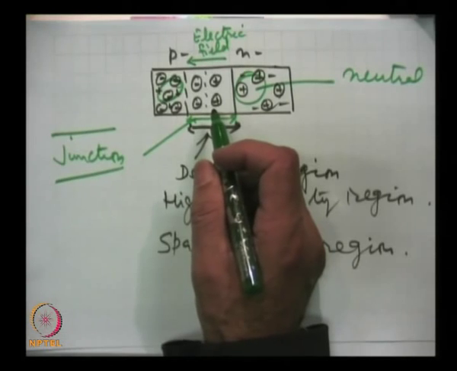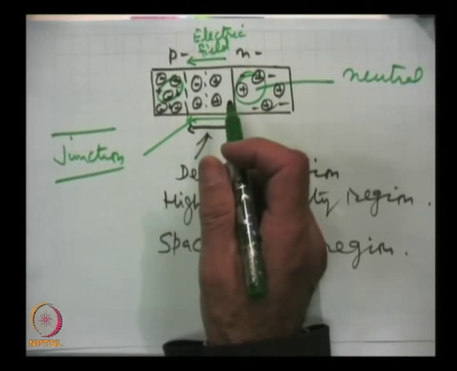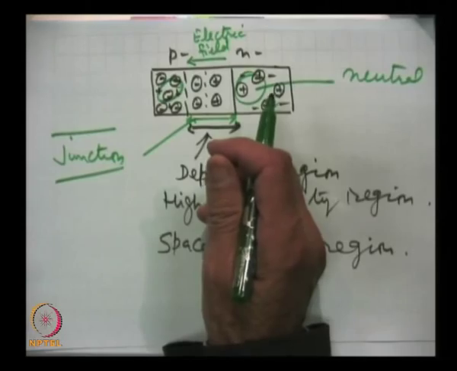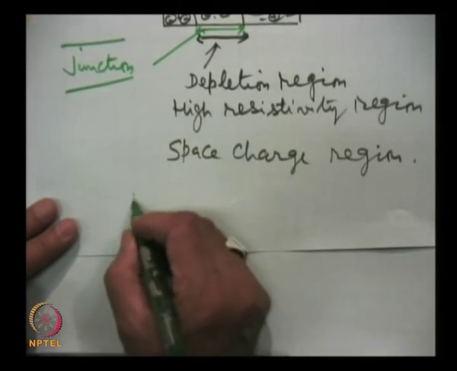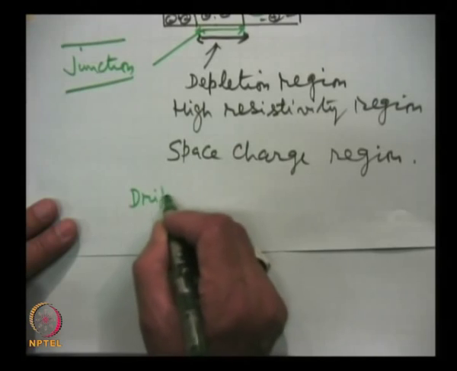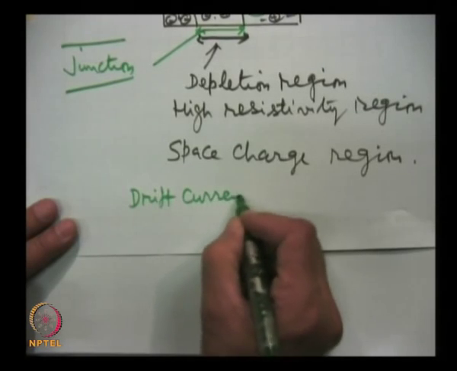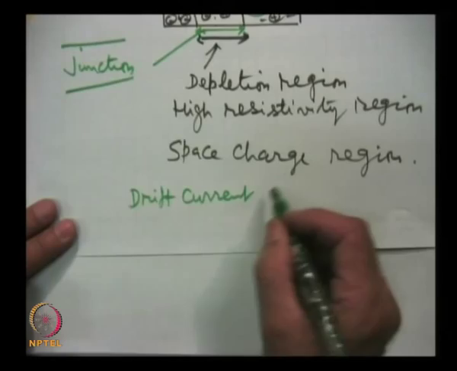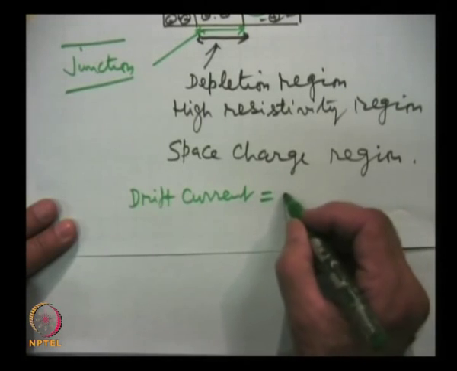Now, the junction comes to equilibrium when drift current is equal to diffusion current.